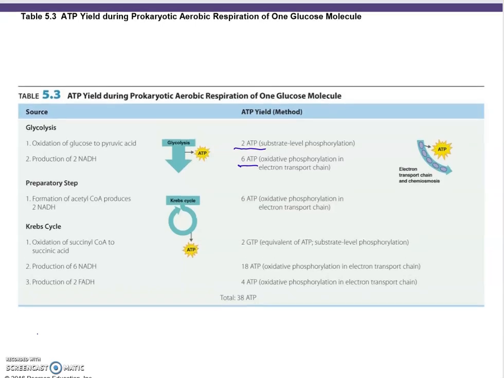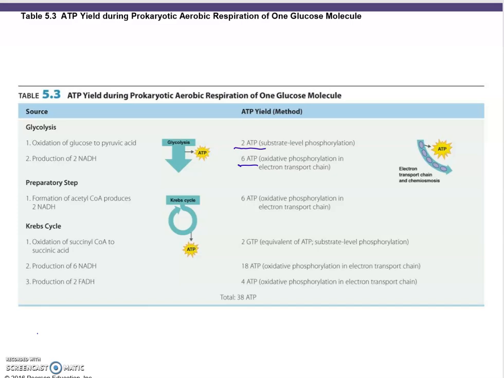And now sort of looking at our summary sheet. Now this here would be sort of the summary in terms of ATP yield for prokaryotic cells, so for bacteria. Now in glycolysis, they can get max 2 ATP by substrate level phosphorylation.